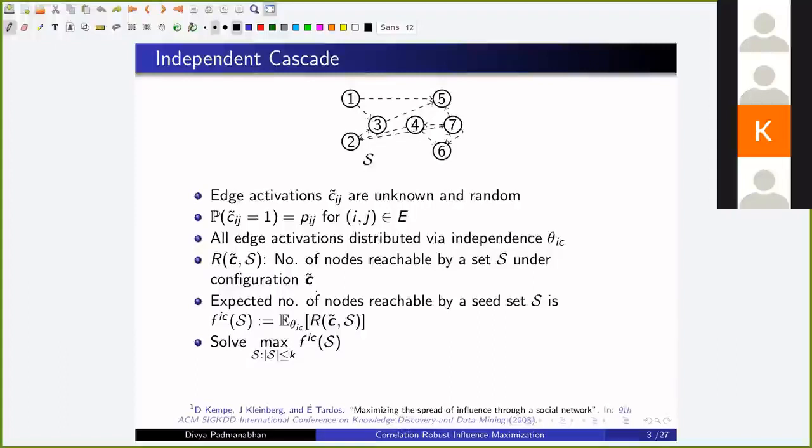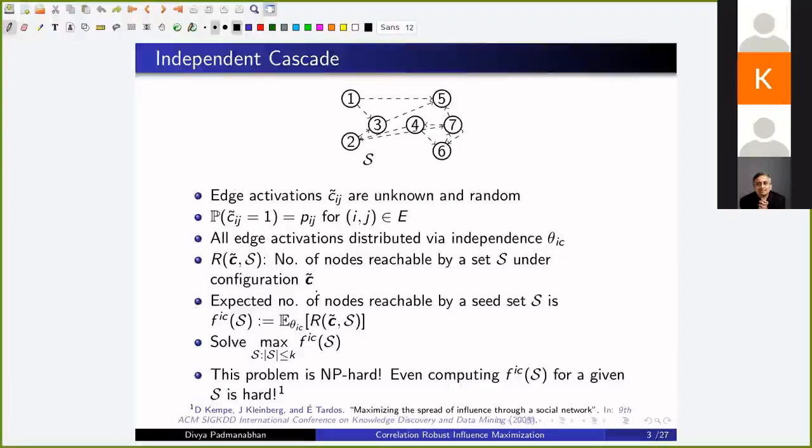That's the problem being solved by the independent cascade model. Now, unfortunately, this problem is NP hard. And even for a fixed seed set, computing this expected value is known to be hard. This is the seminal work of Kempe, where they discuss the independent cascade model and the hardness results.